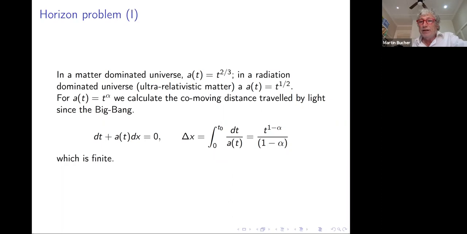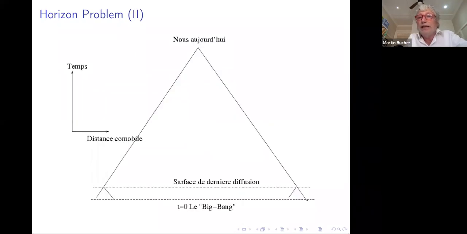And we saw that if this integral converges, then you have this so-called horizon problem. And if it diverges, that is, diverges in the past, then any 2 past events can be connected by a common event.